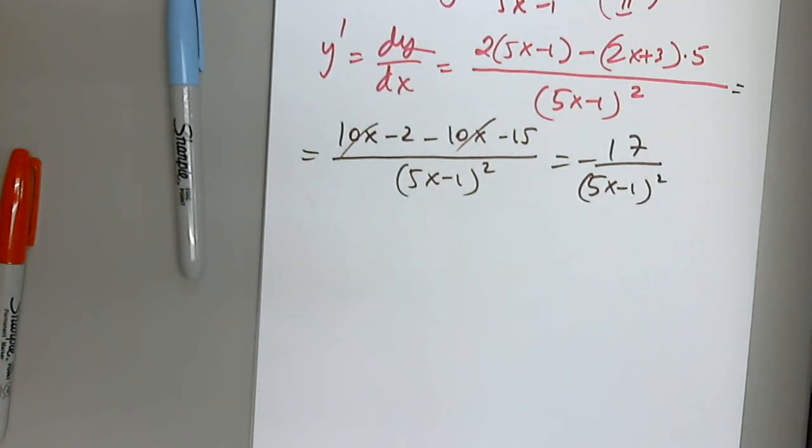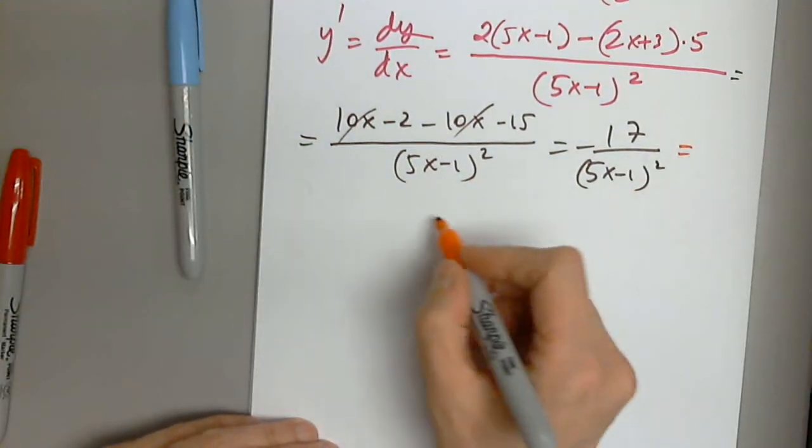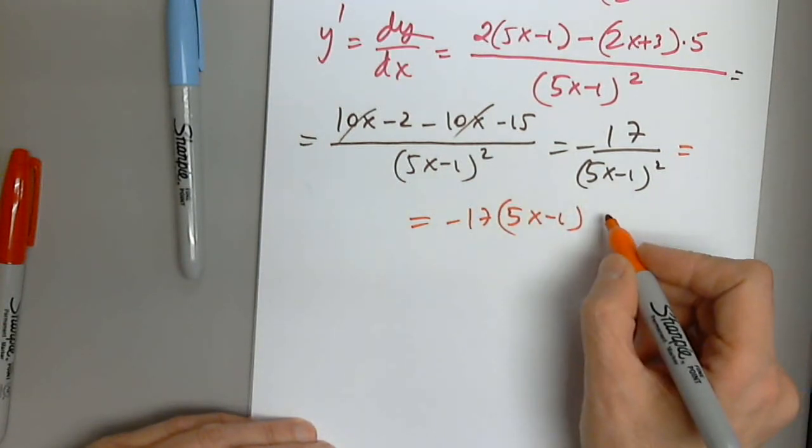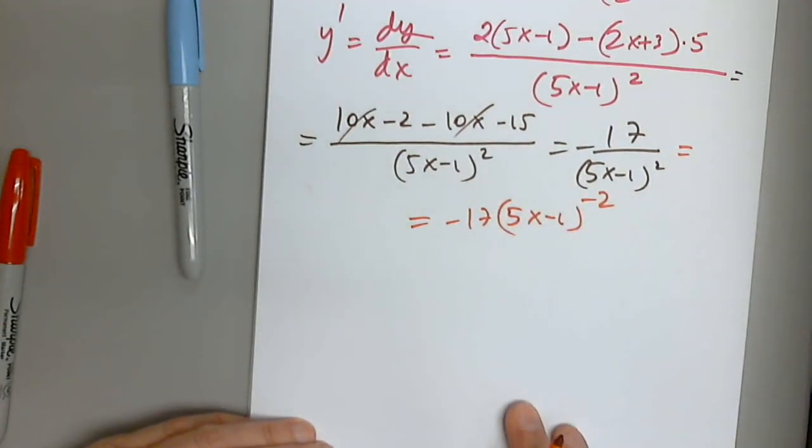Now, what do you think I'm going to do next? Because I need to find the second derivative, d2y over dx2, the second derivative of y with respect to x. What do you think I'm going to change this into? Obviously, I don't want to use the quotient rule. Negative 17 times 5x minus 1 to the negative 2. Exactly.